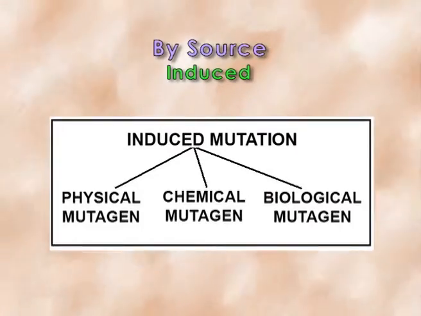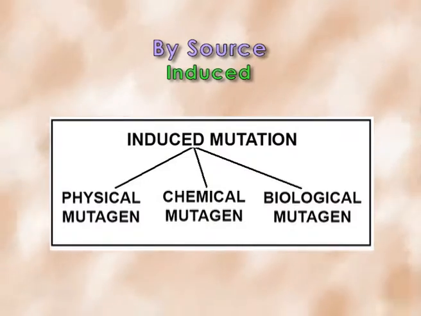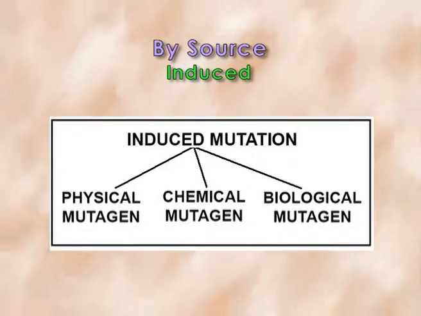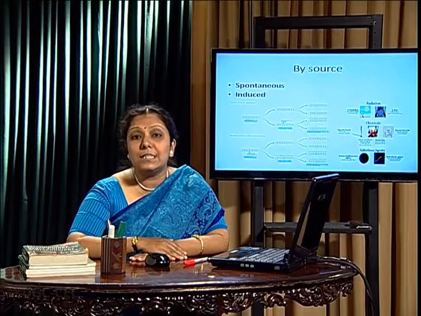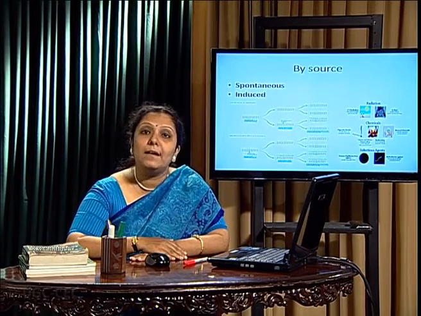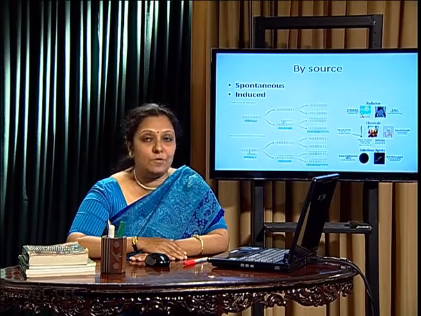Next, the induced mutation. The mutation may be induced by physical mutagen, chemical mutagen, or biochemical or biological mutagen. So a mutagen is the causing agent of the mutation. It is not spontaneous mutagenesis.